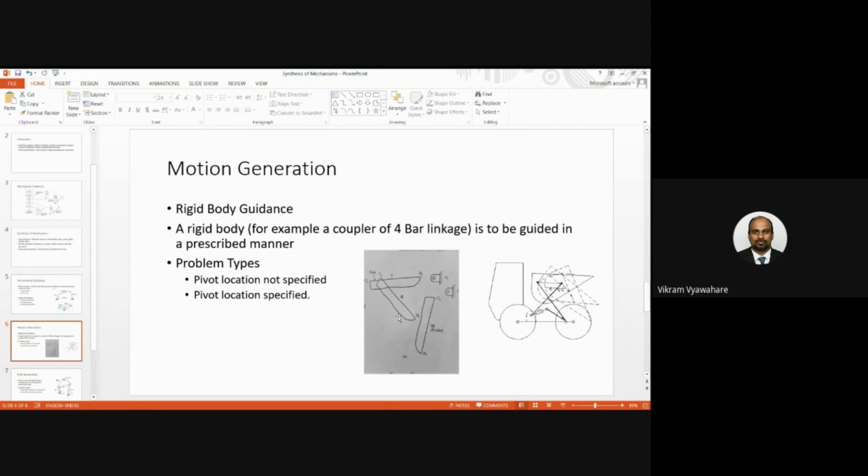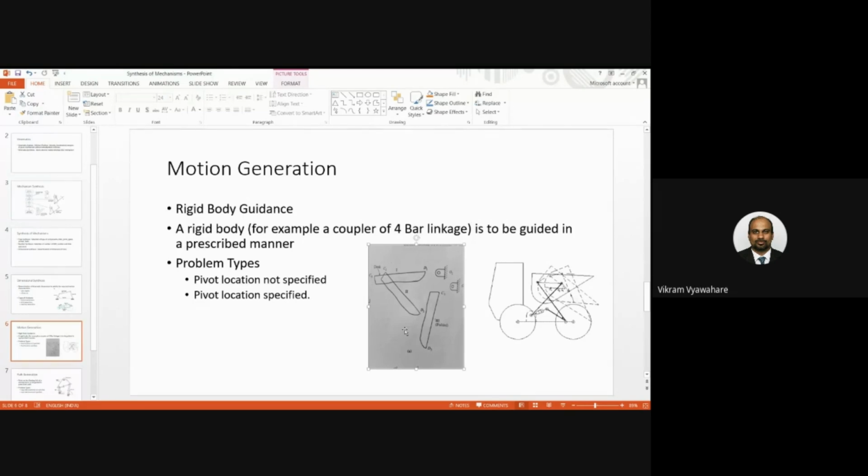It has to turn, I think, this way. So it will first go down and then turn this way, like this. If these three locations are known, then I would design the length of the links.